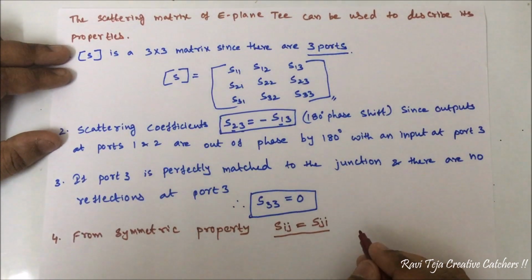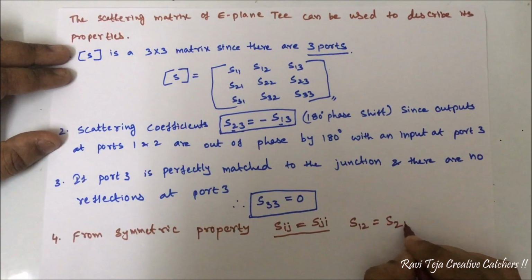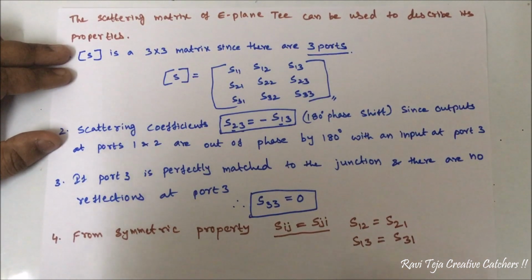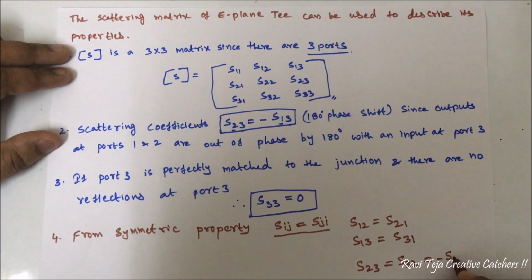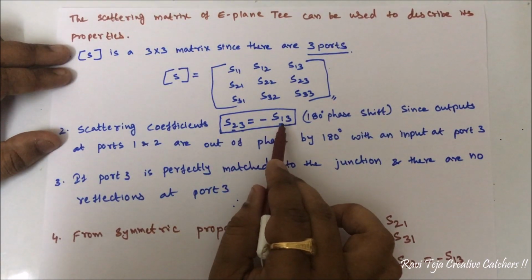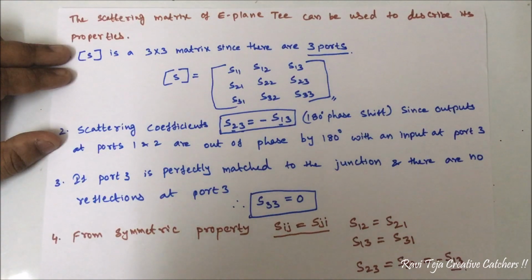From this we can write S12 is equal to S21, S13 is equal to S31, S23 is equal to S32, which can also be written as minus of S13. Previously we wrote S23 is equal to minus of S13 as it has 180 degrees phase shift. Same thing we are substituting here: S23 equal to S32, which is nothing but minus of S13.